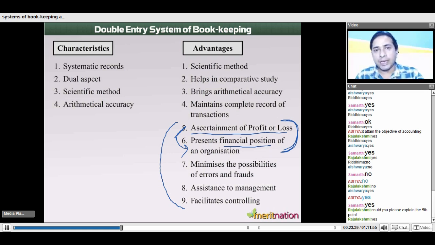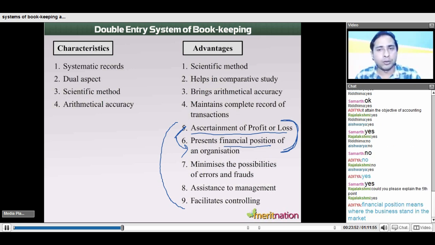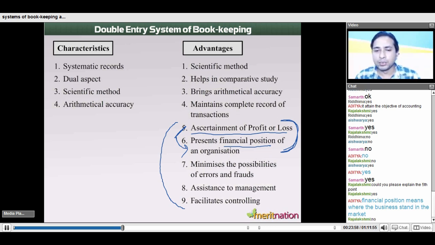Suppose we have incurred 5 transactions, but the accountant has recorded only 3. We don't have the complete record. Now, is it possible for us to ascertain the actual true profit and loss? Is it so? Do you think? Aditya, I will be coming up to you.